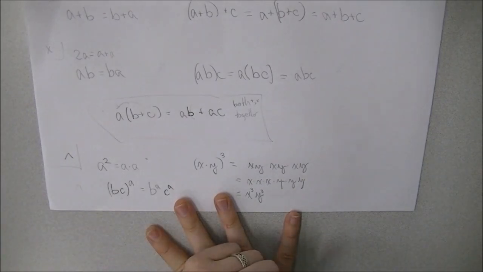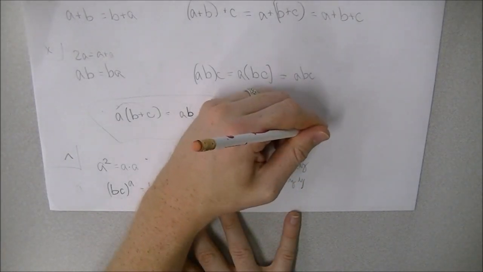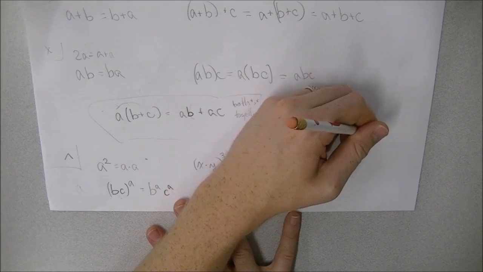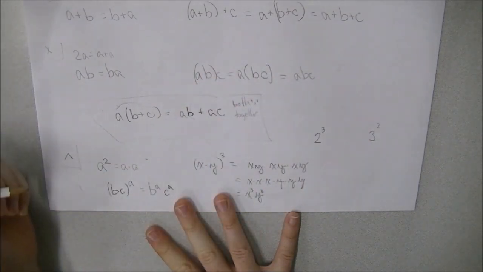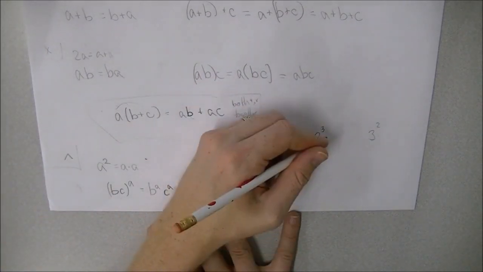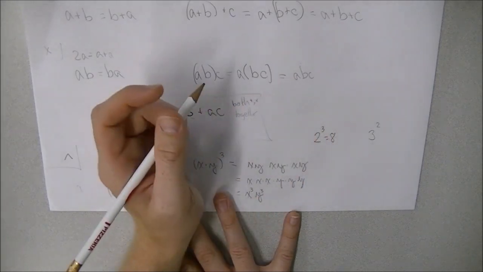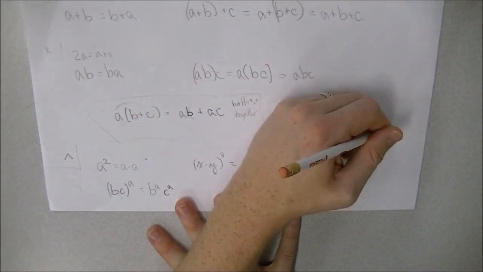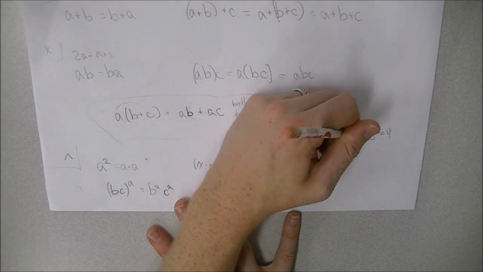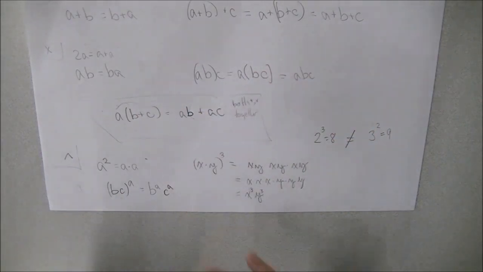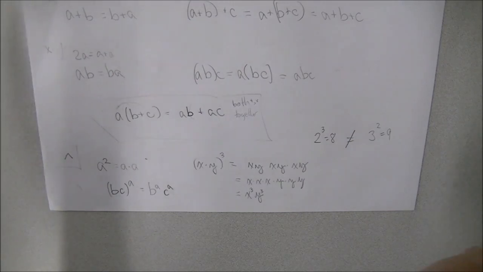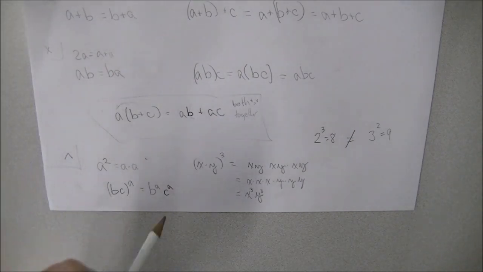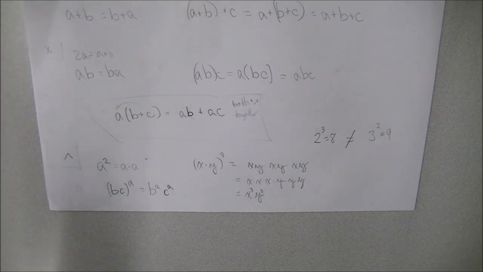Do exponents commute? Can I say 2 to the power of 3 is equal to 3 to the power of 2? Well, check. 2 to the power of 3 is equal to 8. 3 to the power of 2 is equal to 9. So these are not equal. So exponents don't commute. All right, we can't do it that way. Are they associative?